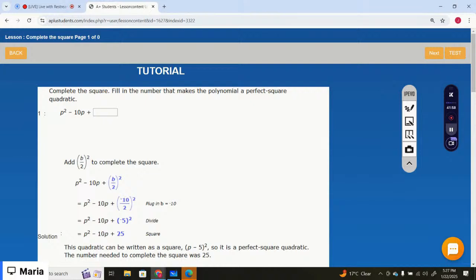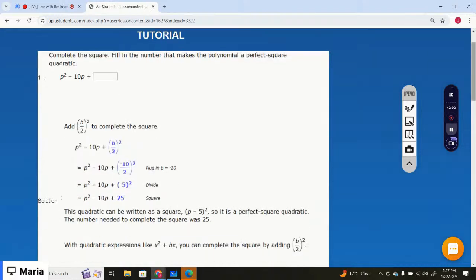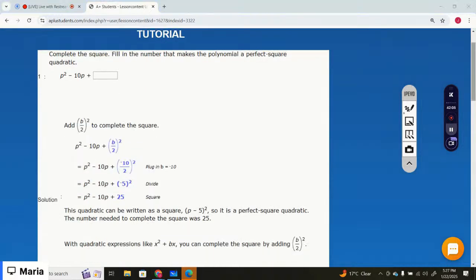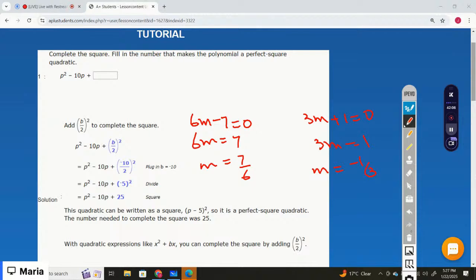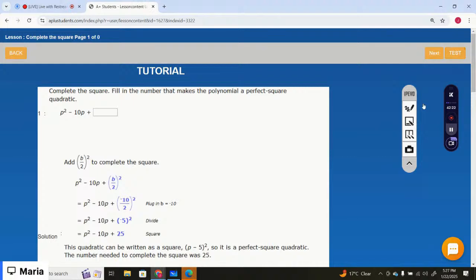P square minus 10p plus the missing number. So you have to find the missing number. You need to add b by 2 square. B is negative 10. Negative 10 over 2 is negative 5, square. Negative 5 square equals 25. Let's just start with the test questions.